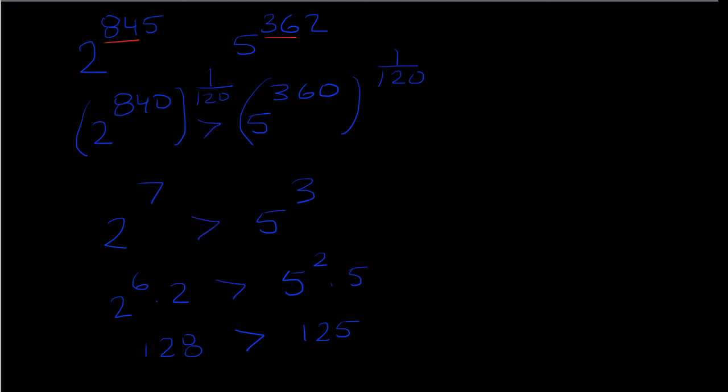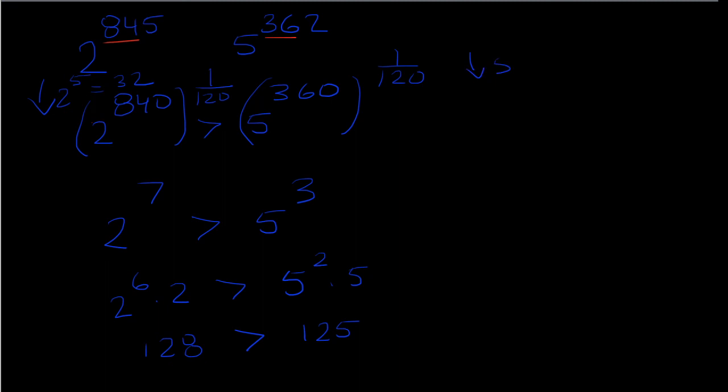And notice, 2 to the 845th power is much bigger than 2 to the 840th power. So we went down to a smaller number by a factor of 2 to the 5th, which is 32. And then here, we went from 5 to the 362nd power to 5 to the 360th power.